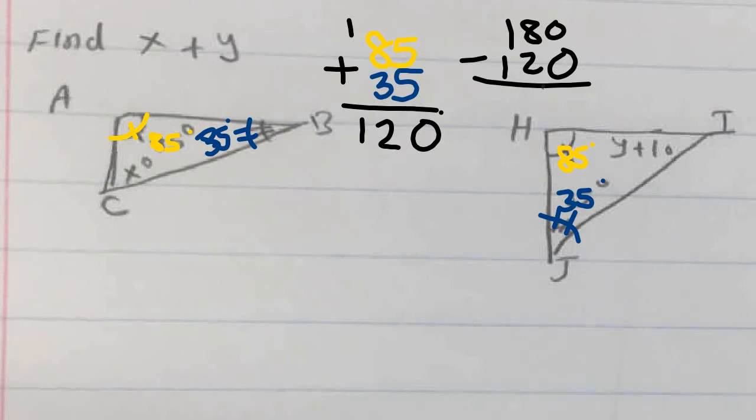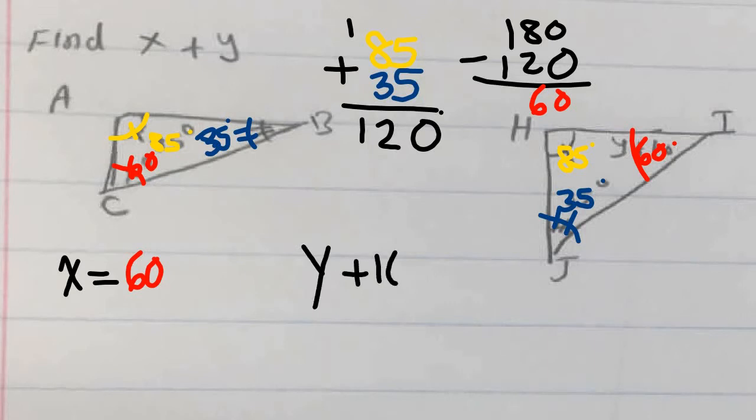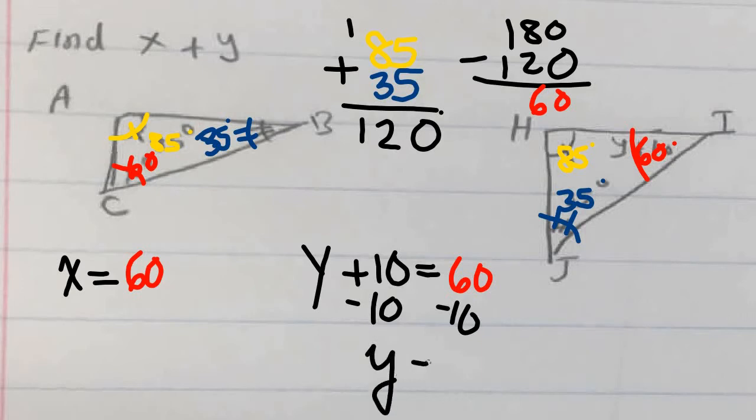That means our third angle for both of these has to be 60 degrees. And on the left-hand side, that means x equals 60 degrees. And on the right-hand side, y plus 10 equals 60 degrees. So y will equal 50. If you've drawn that correctly, that's what those hatch marks mean.